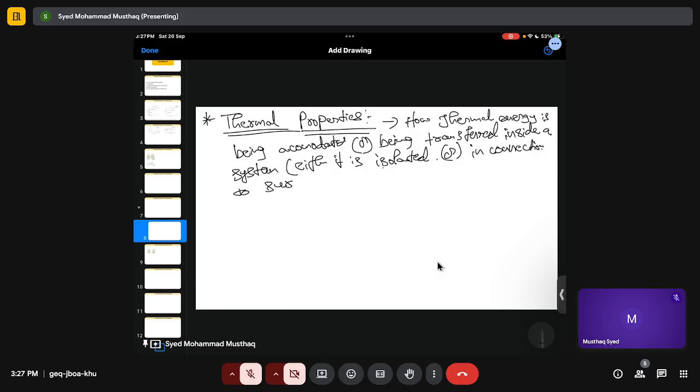Right. So this is what we meant by thermal properties, right? In thermal properties, we have been studying from class 11, class 12. Whenever you talk about thermal properties, the first thing you will hear is types of thermal energy transfer.